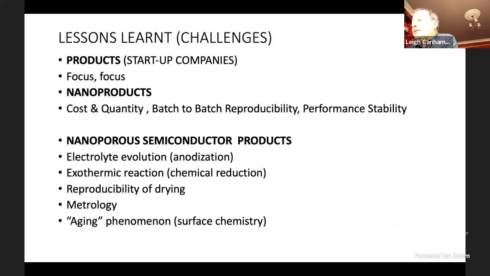And in the case of semiconductors and nanoporous silicon, some of the issues were the fact that if you're anodizing the silicon, your electrolyte is gradually changing. If you're producing the nanoporous silicon by chemical reduction, this is a very exothermic reaction, and that creates problems with scale up. With wet processing, you've always got to dry it at some stage, and that needs a lot of attention. These are some of the issues.